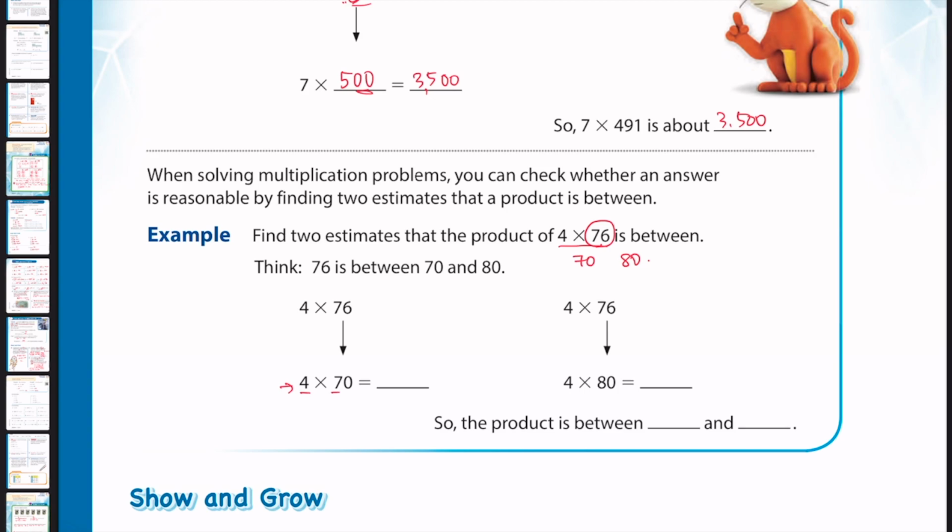Yes, you need to do 4 times 7 first, which is 28, and add 1 zero at the end. What about 4 times 80? 4 times 80 is 32, and 1 zero. So the product is between 280 and 320.